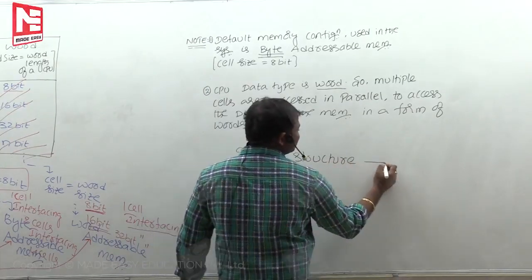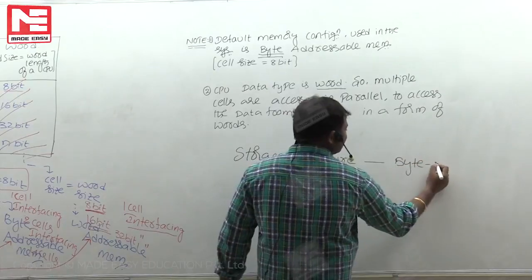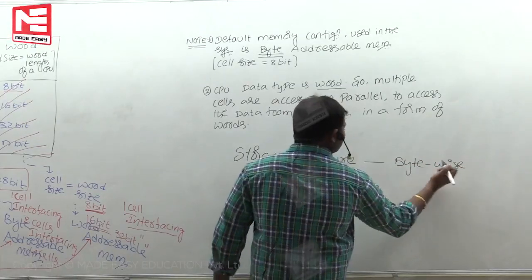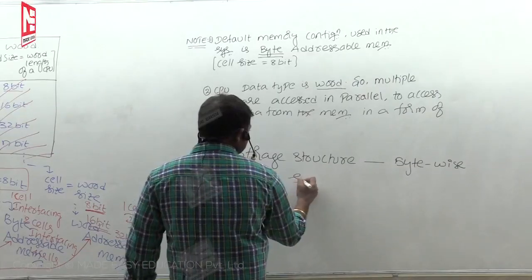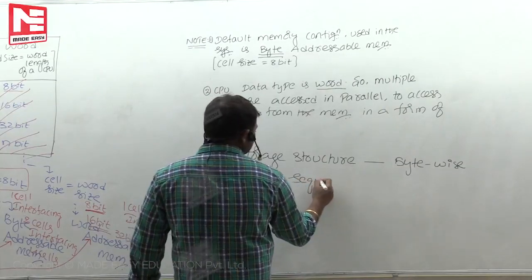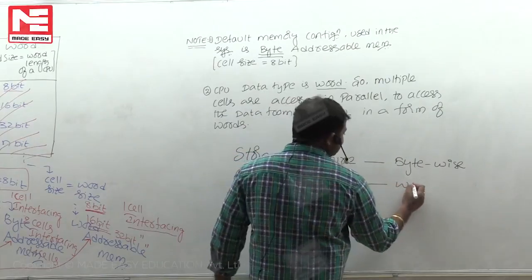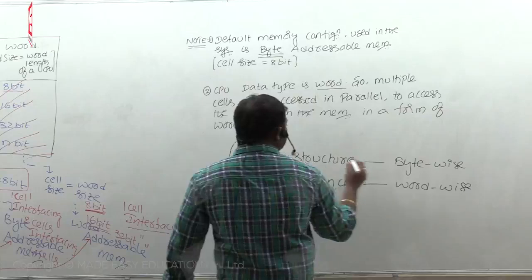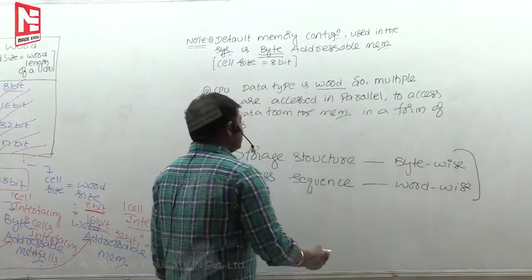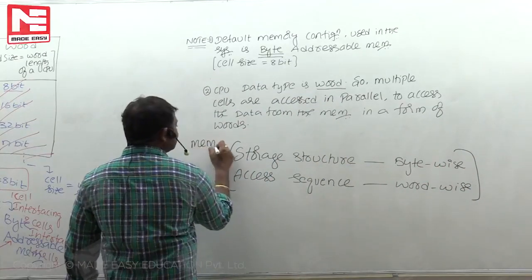Storage structure is bytewise. Then the access sequence is wordwise. Therefore, in the memory, data is stored bytewise and accessed wordwise.